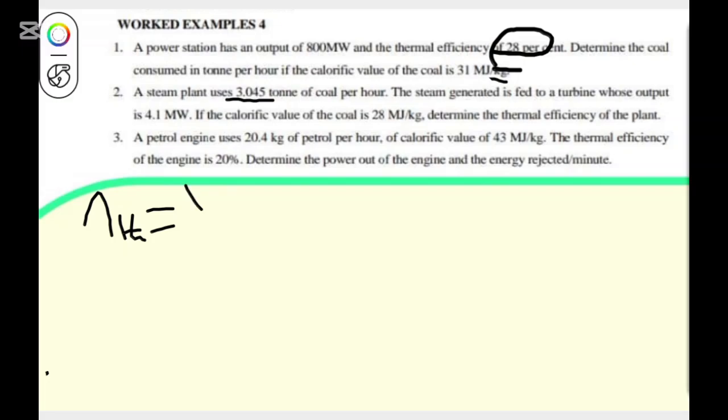Efficiency should now be equal to work divided by Q. And don't forget we are given the coal.